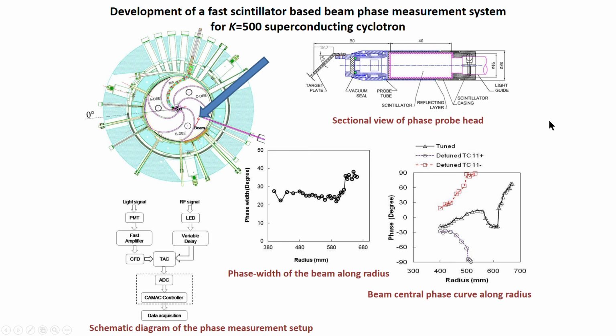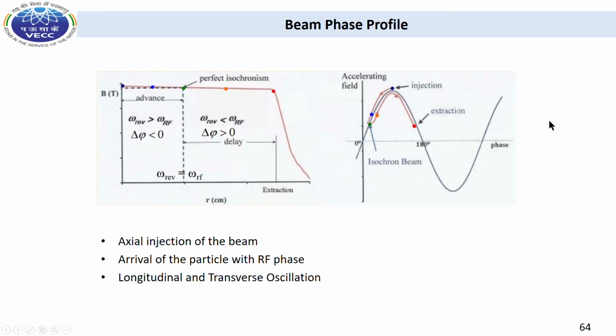We have also planned to develop a non-interceptive type of beam phase measurement system to obtain the beam phase profile. The beam phase profile is shown here. We can find the acceptable phase position of the beam at different radii, that is, at the injection, accelerating and extraction zone.